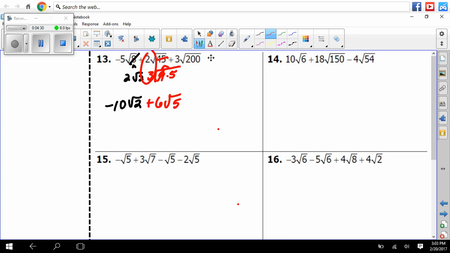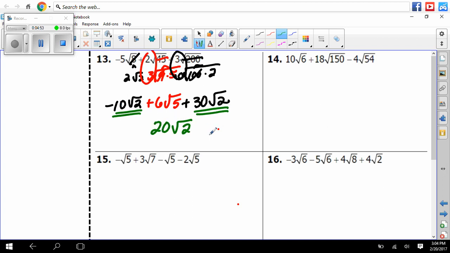Now 200, the largest perfect square of 200 is 100. So 2. Square root of 100 is 10. So 10 times 3 is positive 30 radical 2. As I look at this, I've got common radical 2's. So negative 10 plus 30 would be 20 radical 2 plus 6 radical 5.